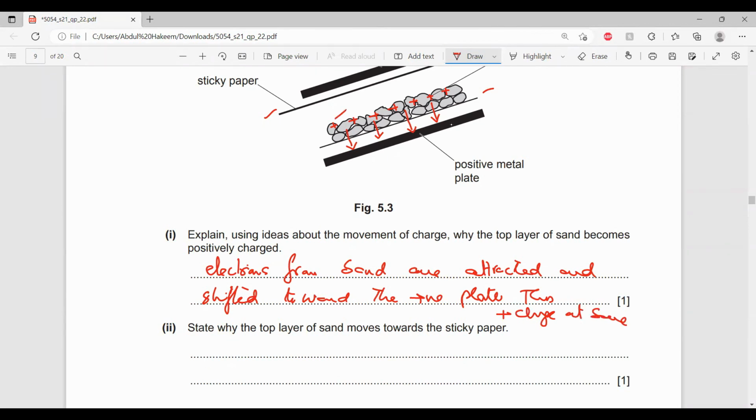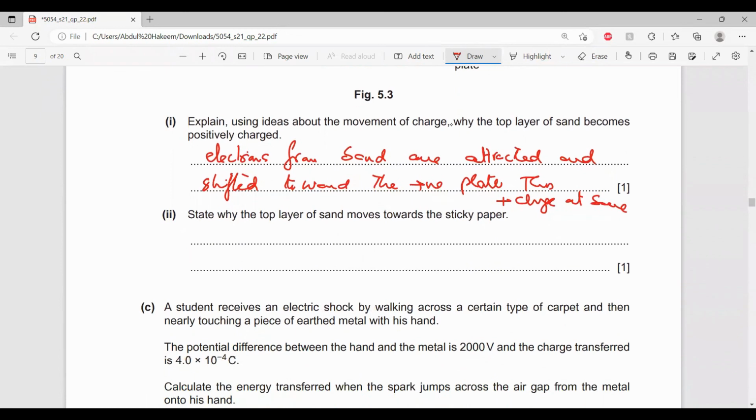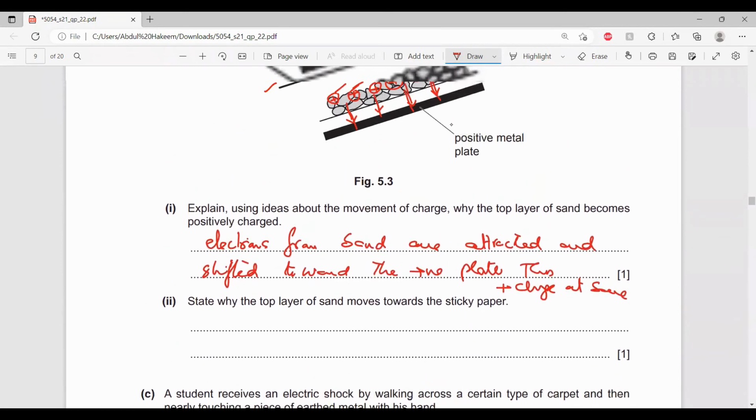So these electrons are shifted to this positive plate, they are attracted. So the vacancy of electrons is created, which is a positive charge.